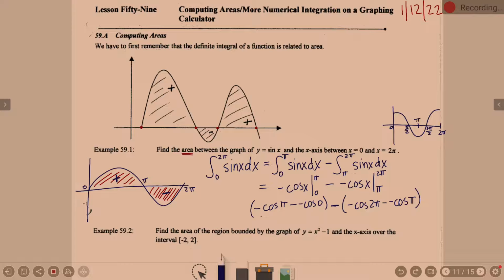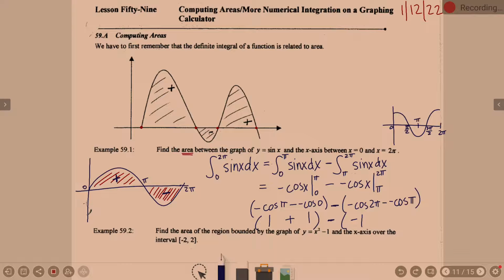Okay, what is cosine of pi? -1. The negative of -1 is going to be +1. I'm going to go ahead and say minus a negative is plus. And then I just have to do the cosine of 0, which is 1. Oh, that came up much nicer. Minus the next set. Okay, what's the cosine of 2 pi? It's 1. But the negative cosine of 2 pi is going to be -1.